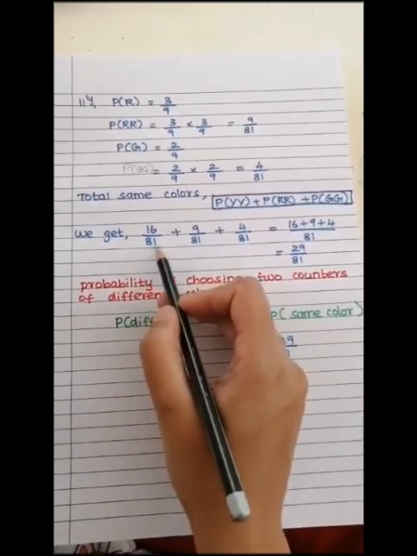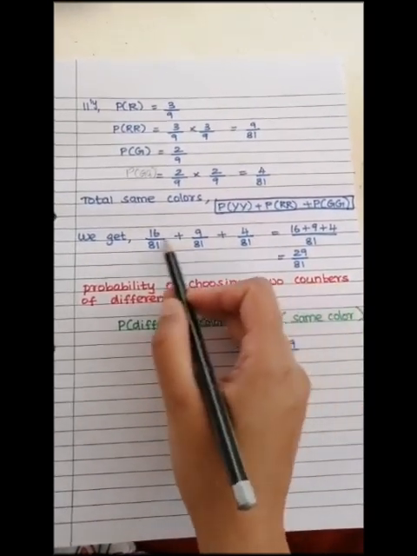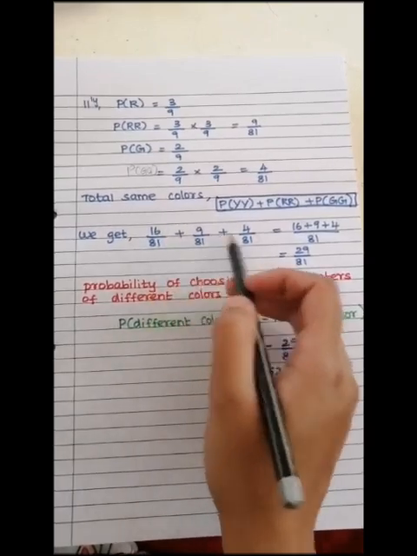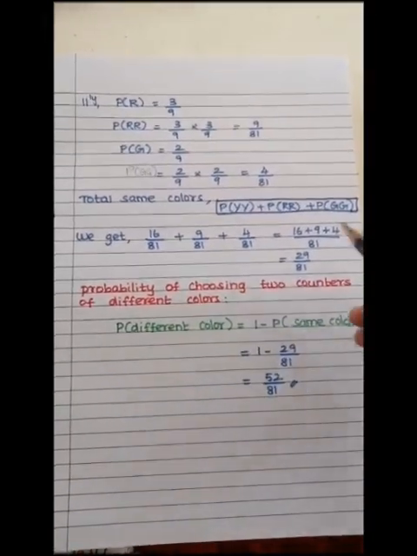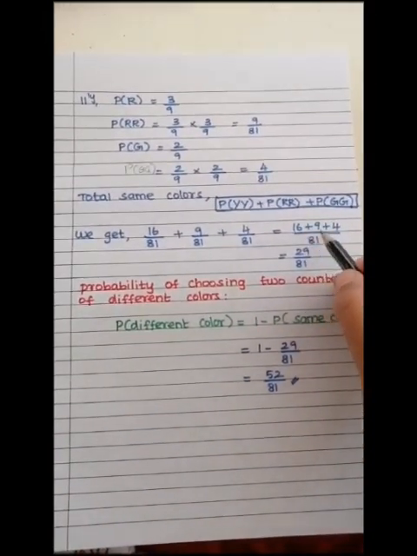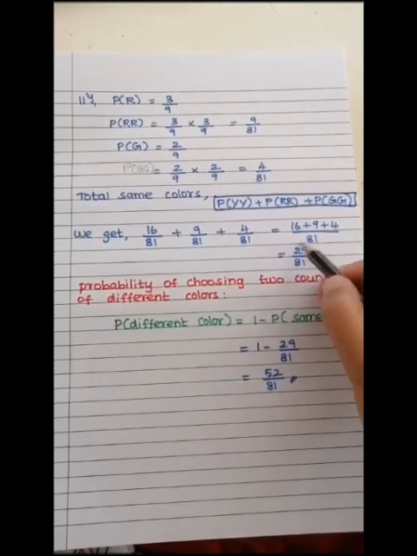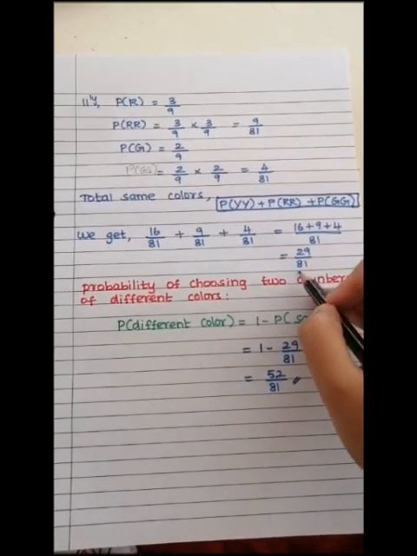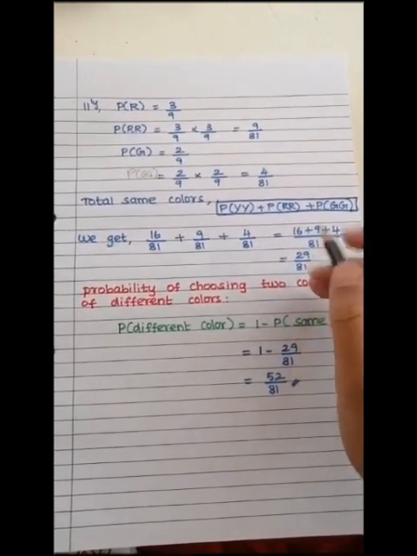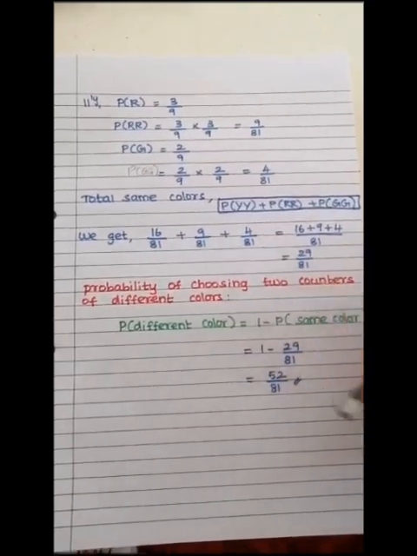The denominators are the same, so we can sum the numerators. 16 plus 9 plus 4 is 29, so 29 divided by 81 is the total probability of same colors.